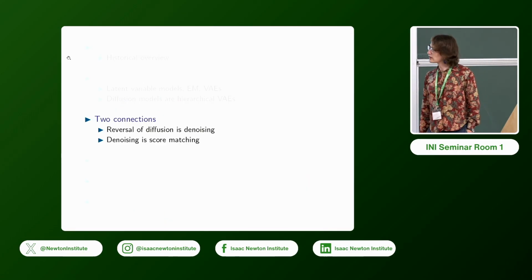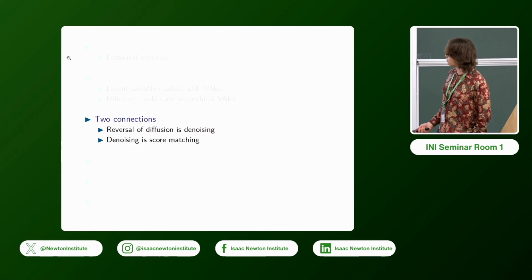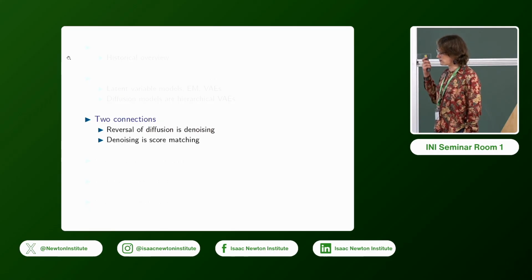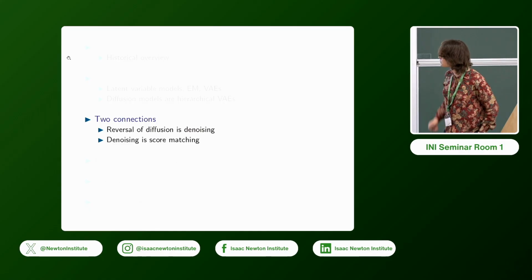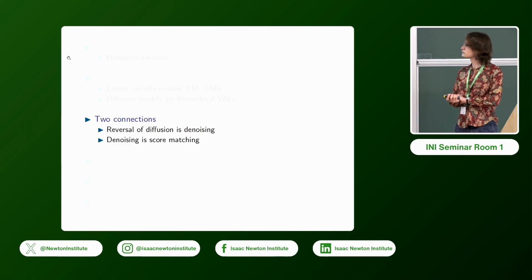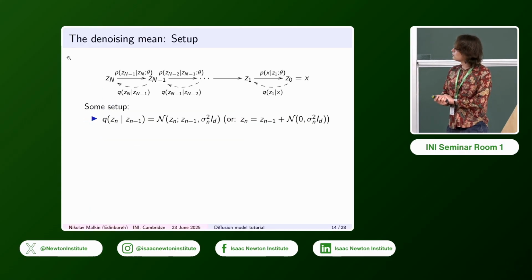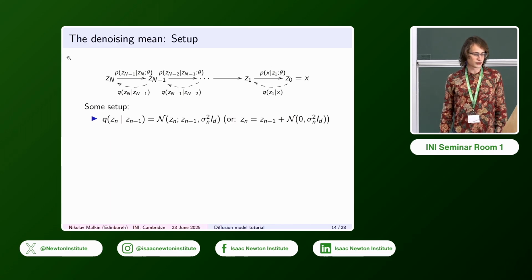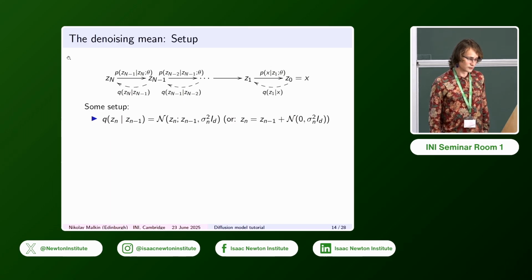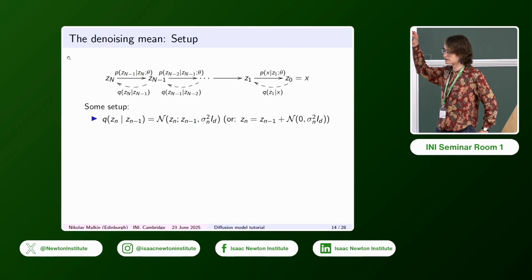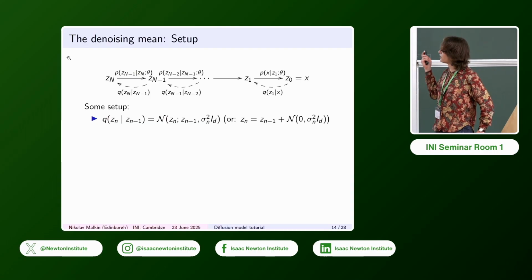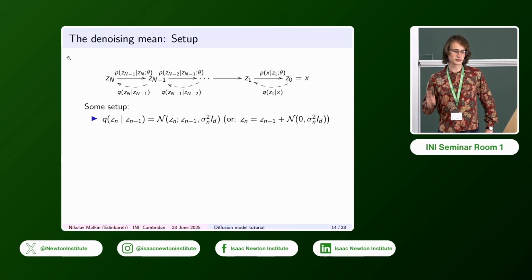All right, so now let's do a little bit of algebra, and I'll show you these two magic properties and a connection to score magic. Recall that we were looking at this latent variable model in which we have a fixed model Q, which begins with x equals z0, and gradually adds Gaussian noises to transition right to left.